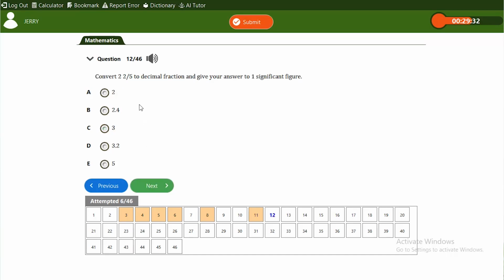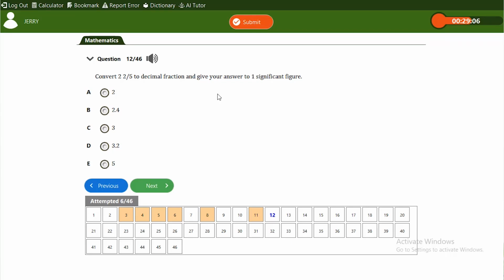So this is saying convert two whole number 2 over 5 to decimal fraction and give your answer to, okay, let's do this one. Just as we converted from decimal fraction to fraction, from decimal number to fraction, we can also convert from fractions to decimal numbers.